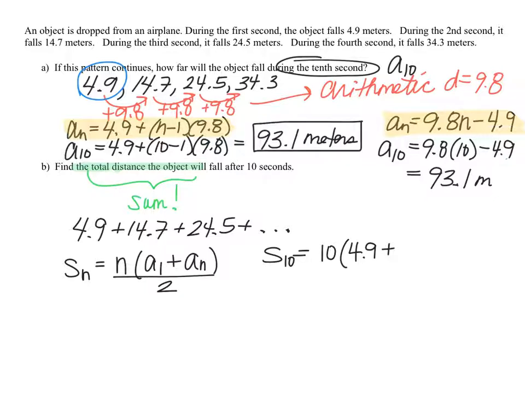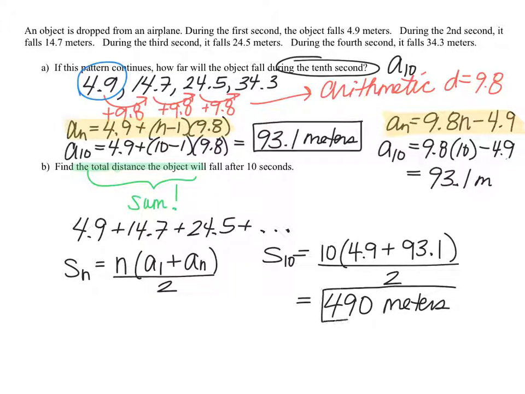Now my 10th term is how far it fell in the 10th second, and that's what we just figured out in part A. That's 93.1, all divided by 2. Go to your calculator, and it looks like we have a total distance of 490 meters. Total distance that this object fell in all of the first 10 seconds would be 490 meters.